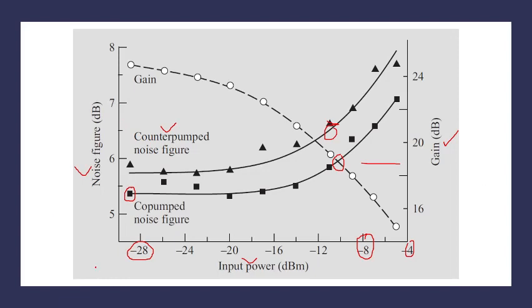Whereas if we give the power -28, the weak signal, then our noise is relatively low. As we can see here, it is below 4 dB for co-pumped and below 6 dB for counter-pumped, and our gain levels are particularly high, which is more than 25 dB in case of -28 dBm power.